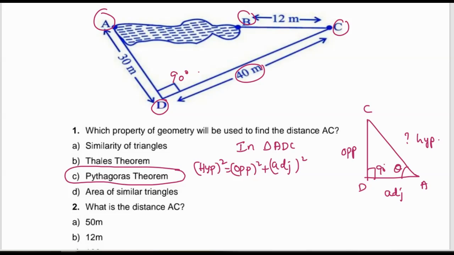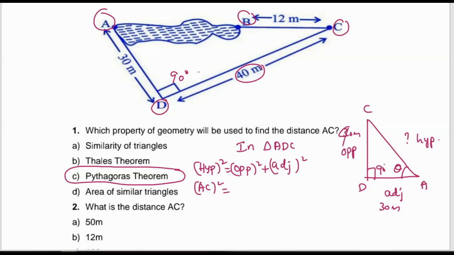So the hypotenuse we have to find is AC square. What are the opposite and adjacent values we have? AD is 30 meter and CD is 40 meter.